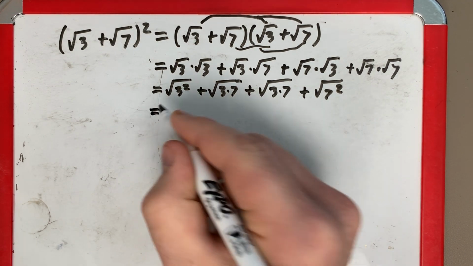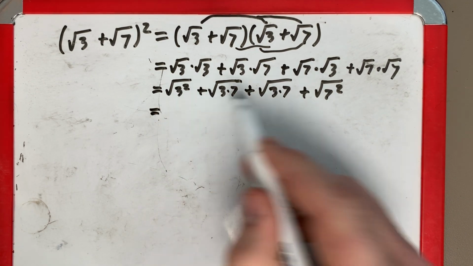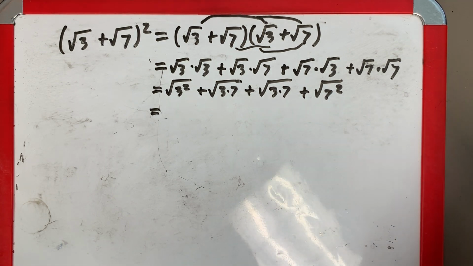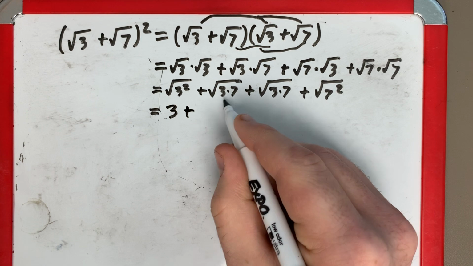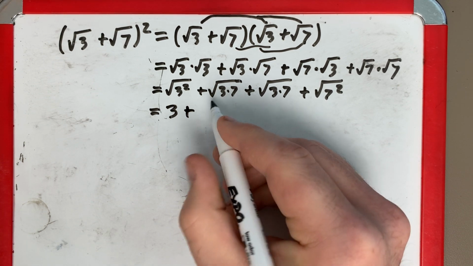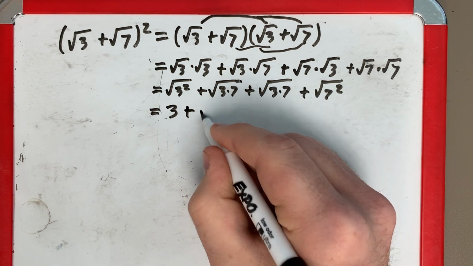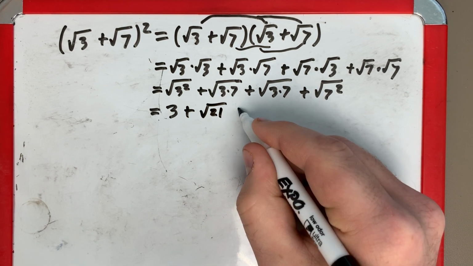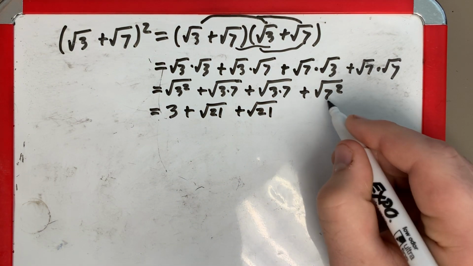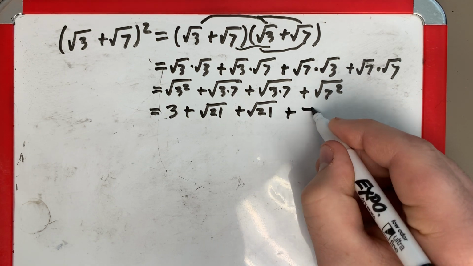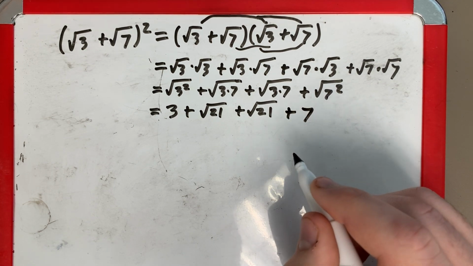So at this point, you can see that we have a square root and a square, and a square root and a square. So those will cancel out. This gives us 3 plus, well, this is just going to be 21 inside here, and in both cases we have plus root 21. And then here we have just 7 because the square root cancels the square.